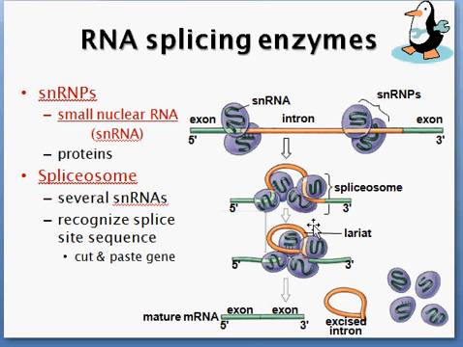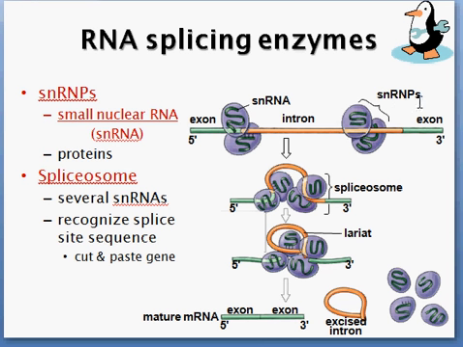A spliceosome is usually made up of about 5 snRNAs and over 150 different proteins. And these snRNAs, when you bring them together into a complex like this, they become snRNPs, which we pronounce as snurps.